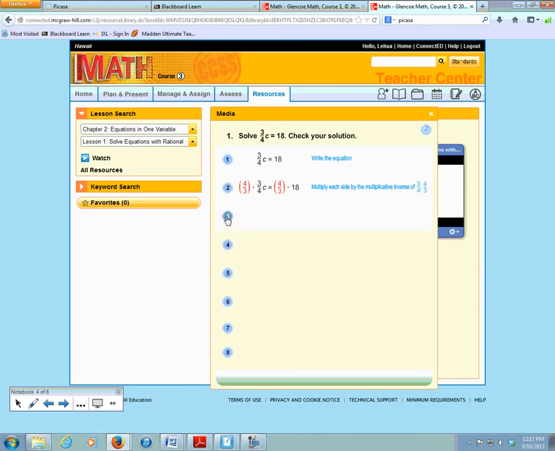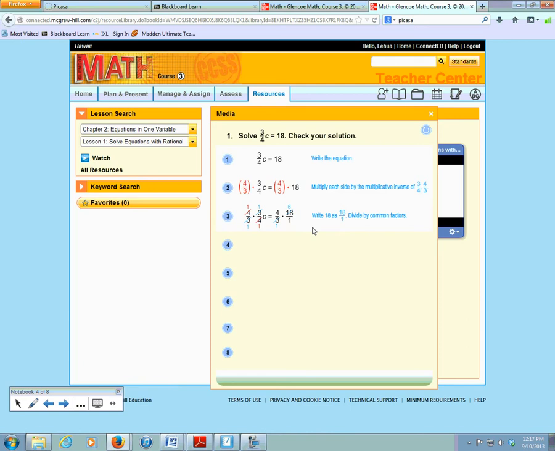Okay, then, third step. Once I have it multiplied, you can see how I can cross cancel. My 3/4 is no longer there because by multiplying by the multiplicative inverse, I ended up with just 1. And that gave me c all alone.